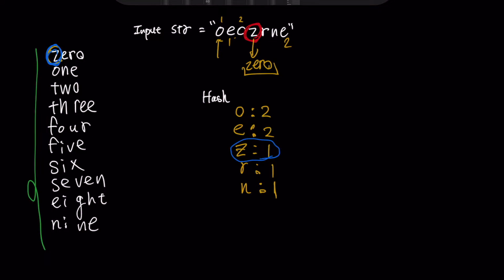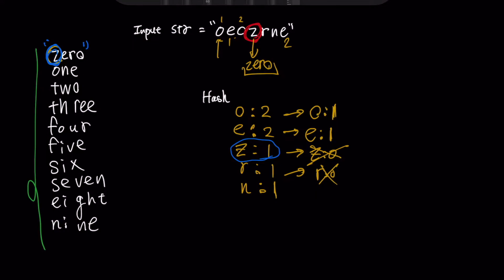So let me decrement ZERO. What's going to happen is now E is going to become 1. Now I don't have any more Z. It's out. R is out. And let me decrement O by 1.